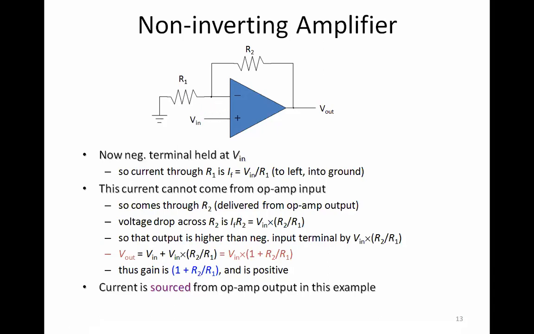Okay, so that's the basic idea of an op-amp. So the current through R1 is nothing but my V in divided by R1. Okay, because V in also comes and sits here. The same value happens to be here. So my current is going to be V in by R1.